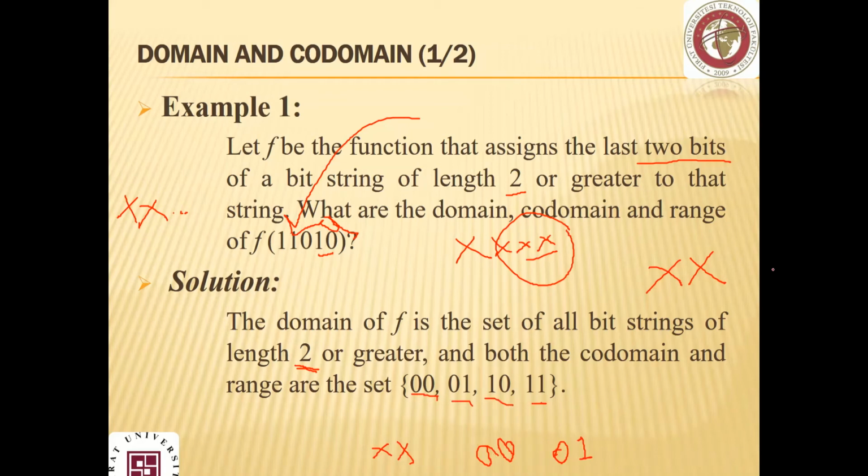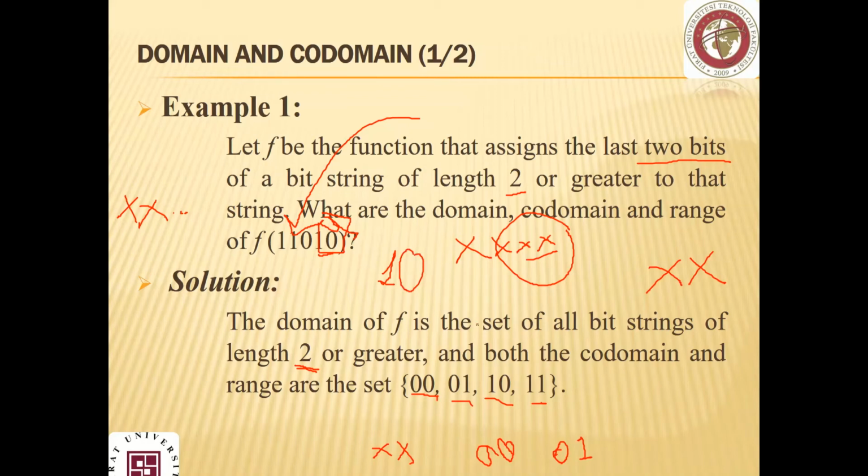These are all possible codomain outputs. But in this case, the function assigns the last 2 bits of a bit string of length 2 or greater. If we are speaking specifically about this one, only the last 2, 1 0, will be possible. Why? It takes the string and gives you only the last 2 bits.